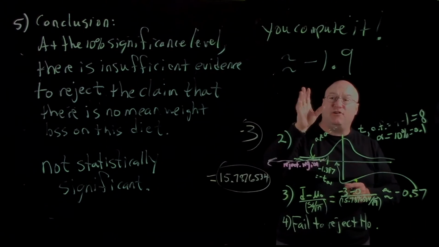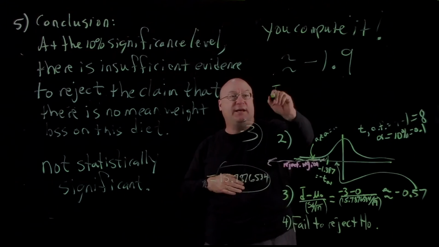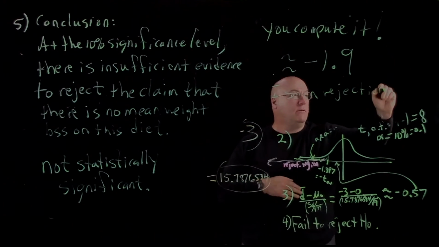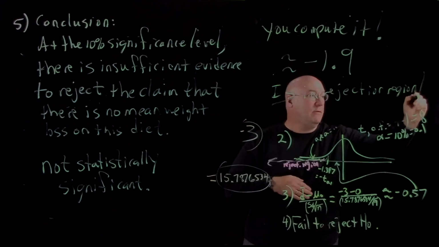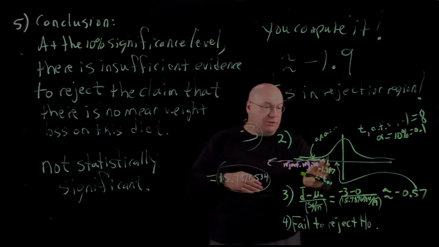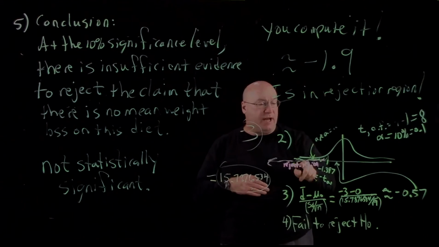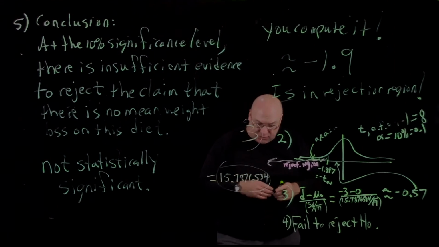But if you go back and check, this is in the rejection region. All right, I can almost use this graph, it would be a little bit different, but this will still be out far enough to be in the rejection region.